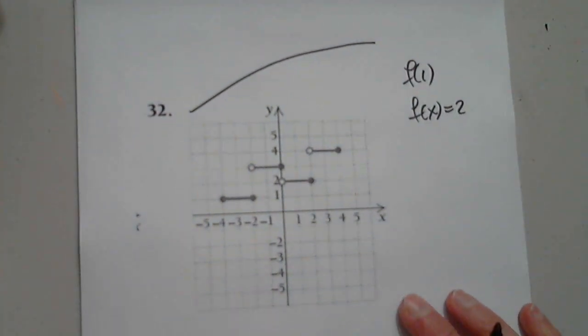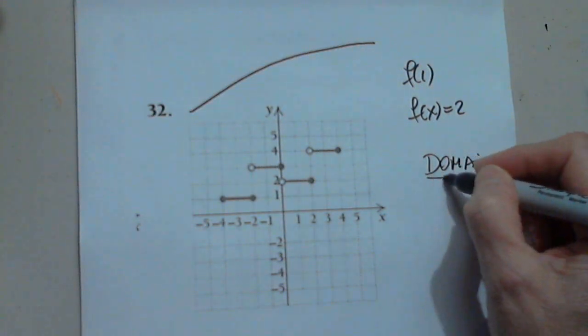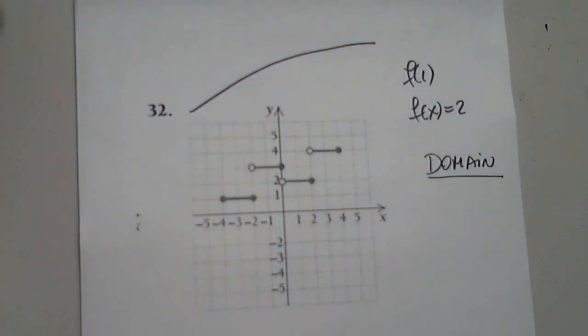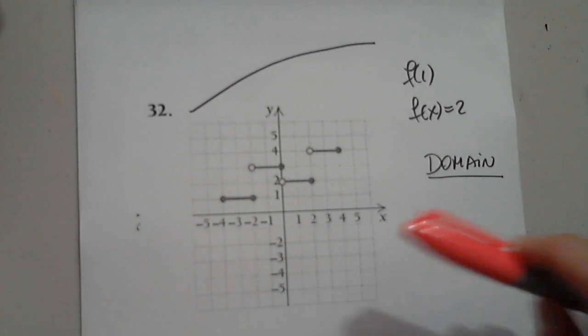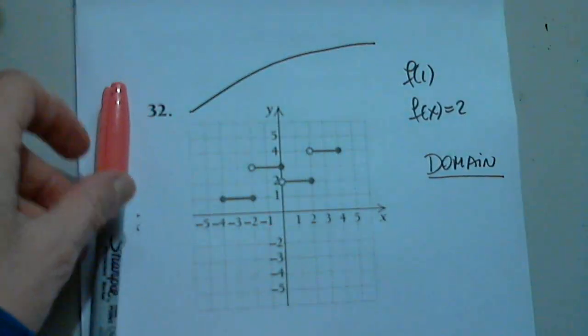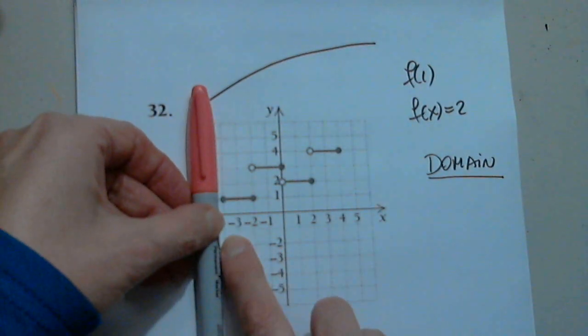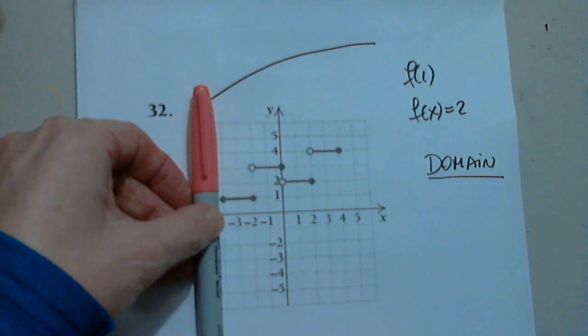Okay. When it comes to domain, we have to think in terms of x values. I look at the graph and I see that the first x value that exists as a full point is -4.